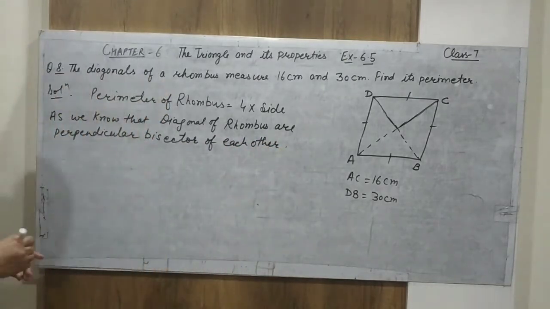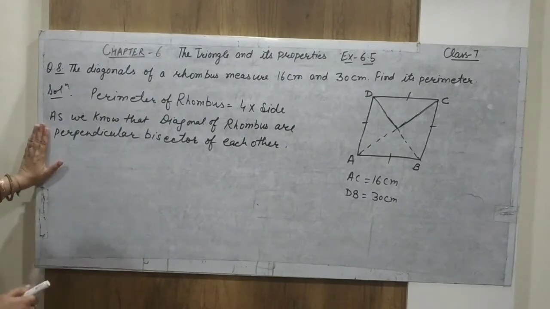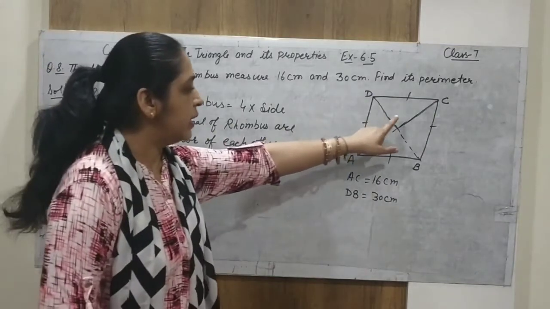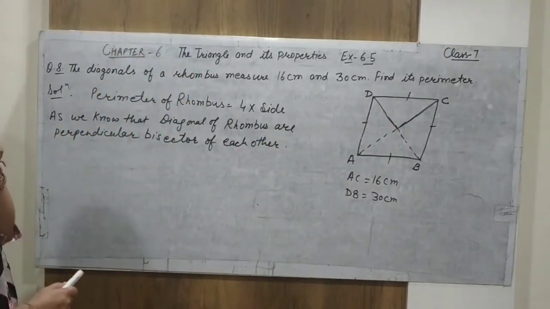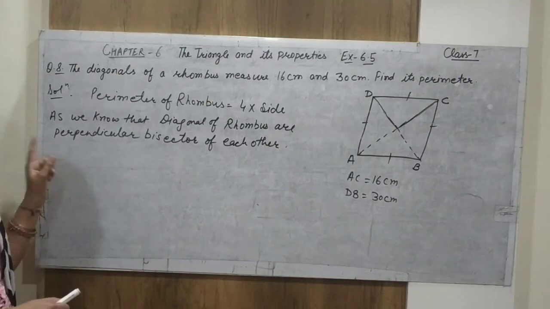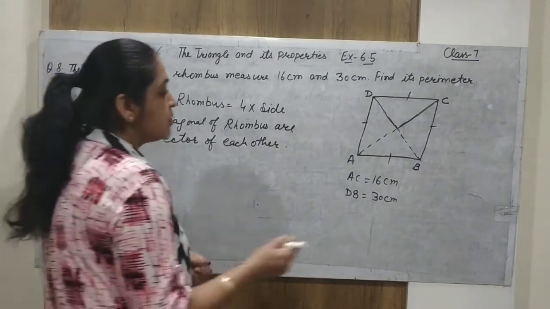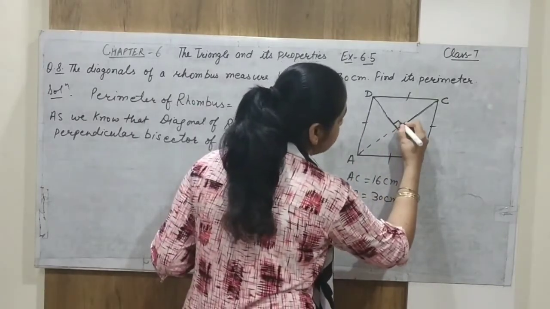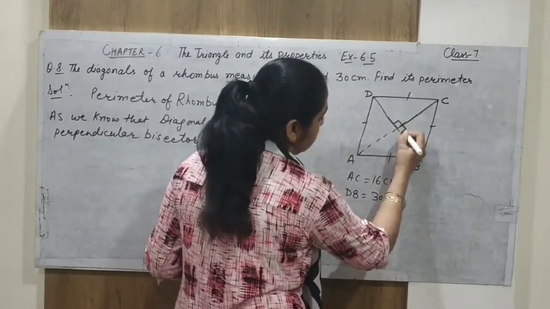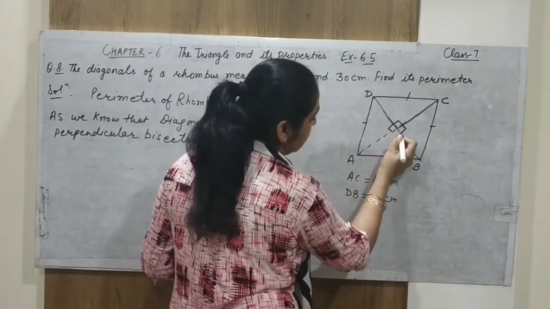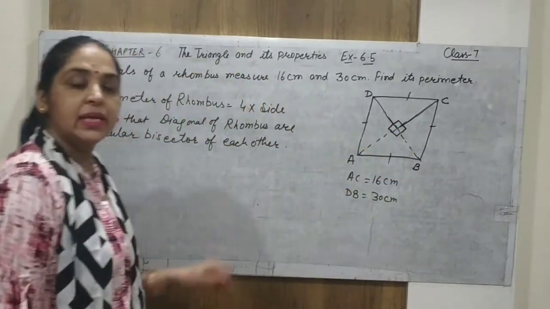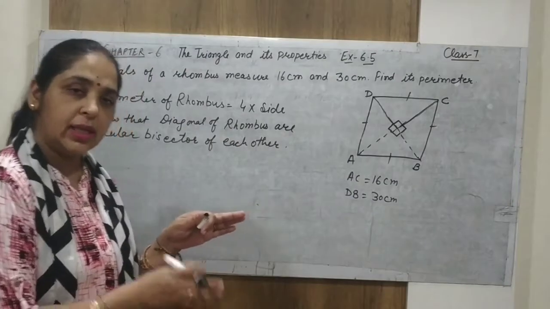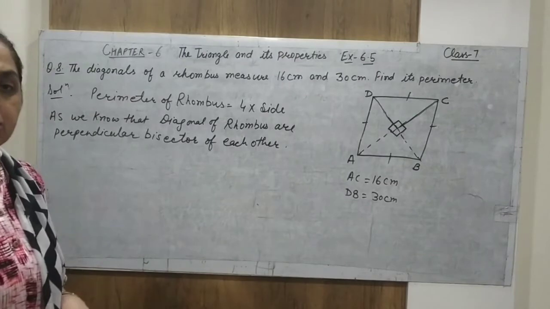What does it mean? As we know that the diagonals of the rhombus are perpendicular bisectors. Perpendicular means when these two lines cut each other, they make a 90-degree angle at each point. This is the center where these meet. All these are 90-degree angles. So when these two lines cut each other, they make a 90-degree angle with each other.